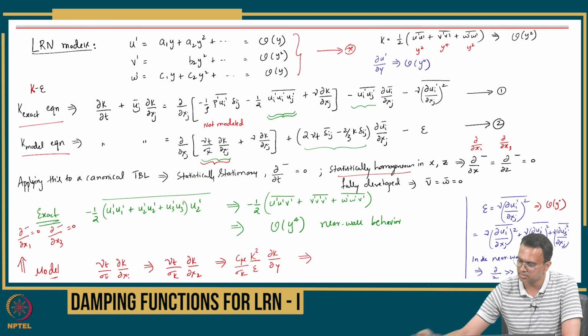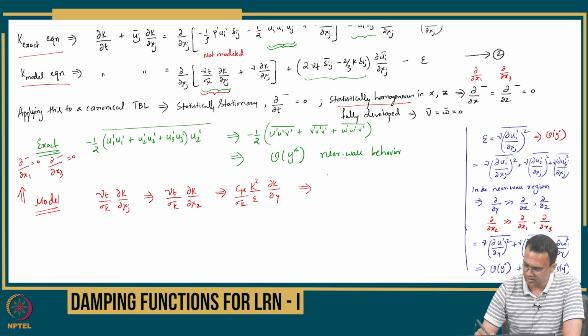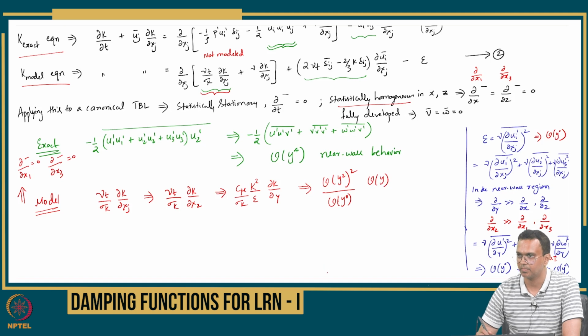So k is y square here. So I get order of magnitude of y square, so y raised to 4 by, I have y0 for the epsilon, and dou k by dou y will give me order of magnitude of just y, because k is y square.